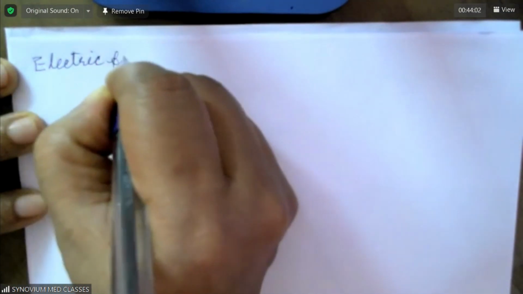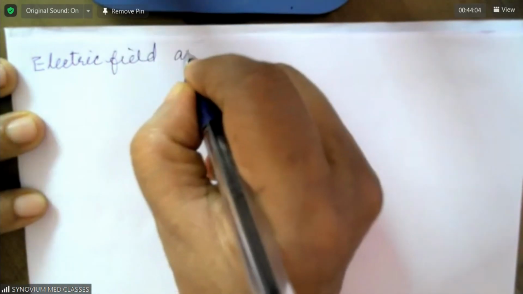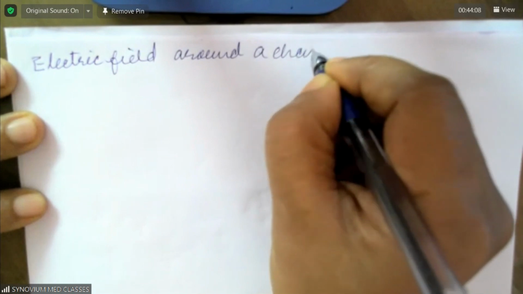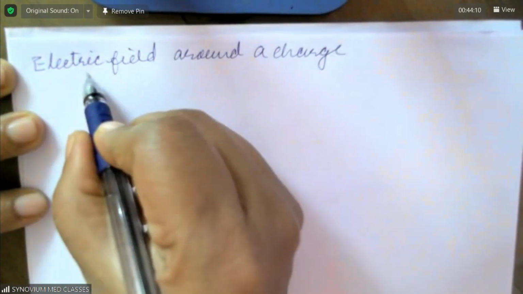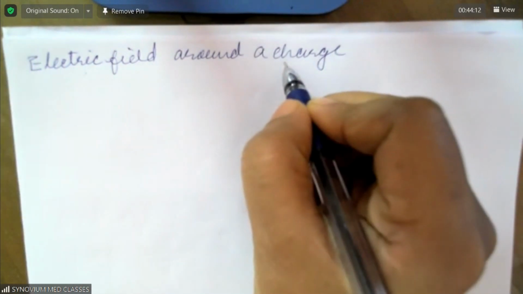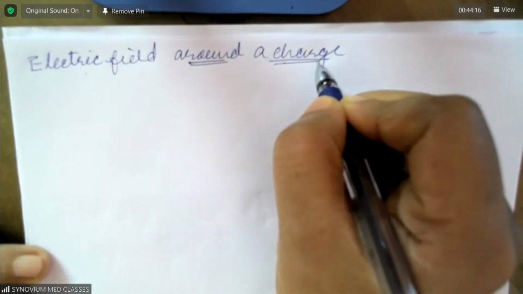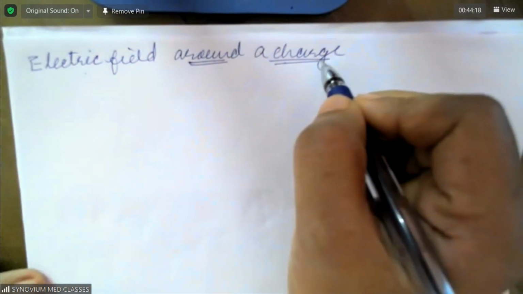What is electric field? Electric field around a charge. Okay, always electric field is caused by one charge and it is around that charge. What is the electric field around a charge?